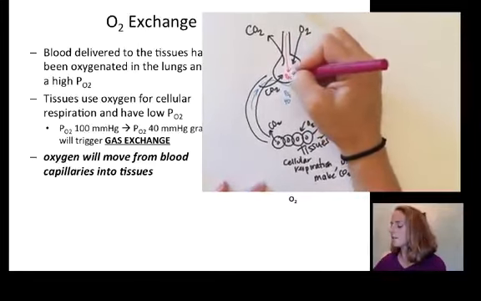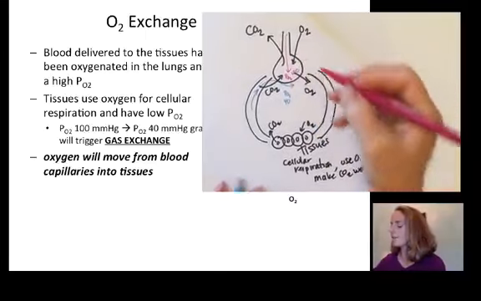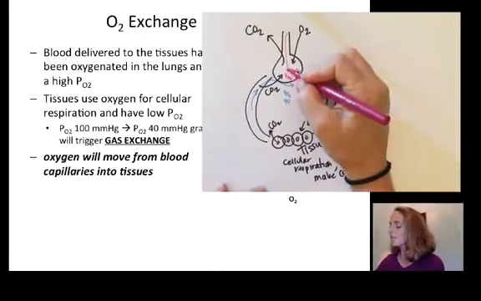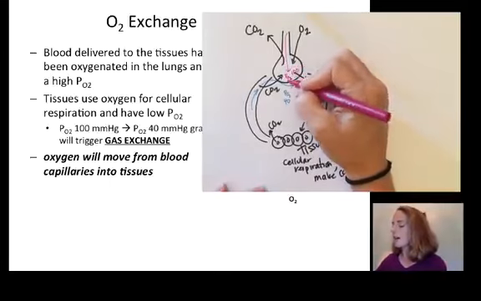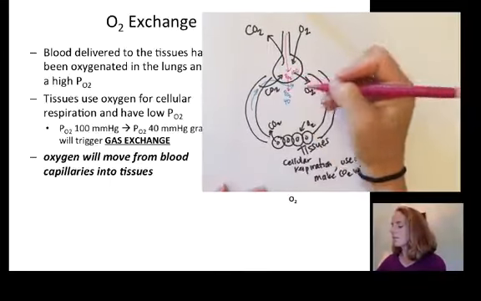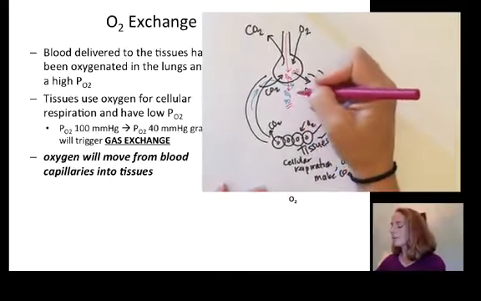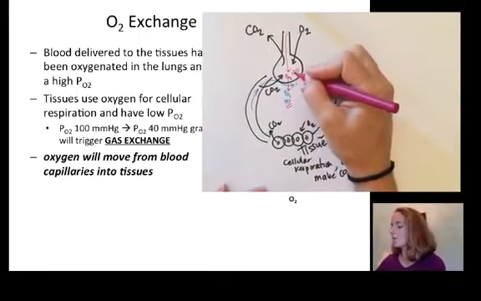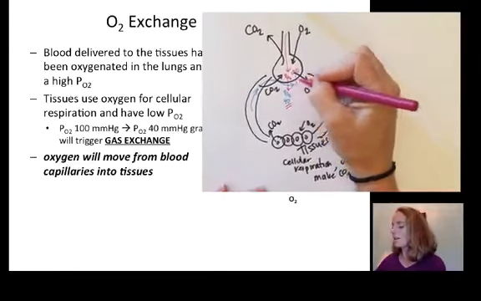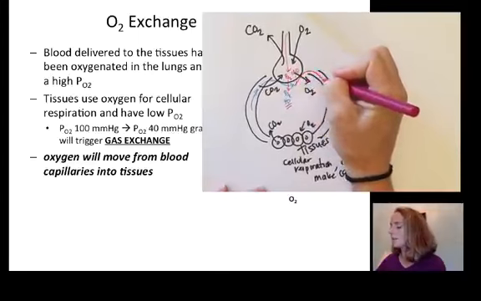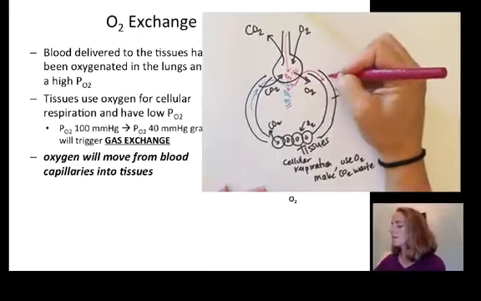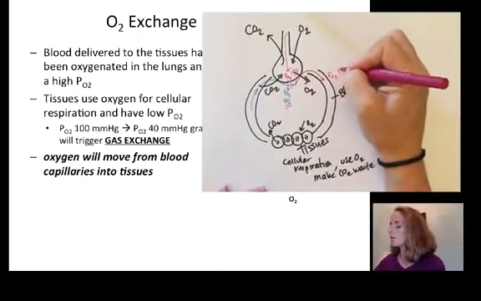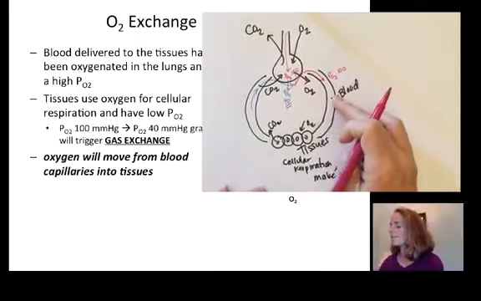So that is going to be a PO2 of 100. And now the oxygen is going to move from the air sacs into the blood. That 40 is then going to get equilibrated with the 100, and now the blood leaving the lungs is going to have a PO2 of 100.